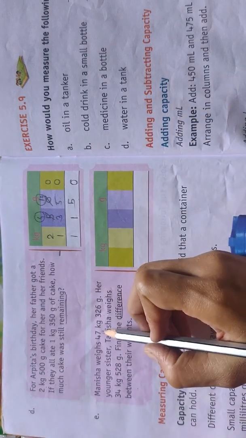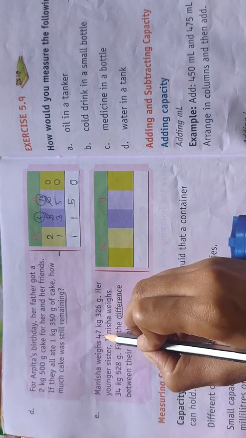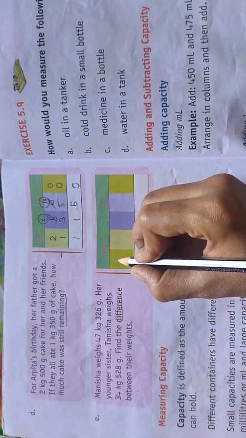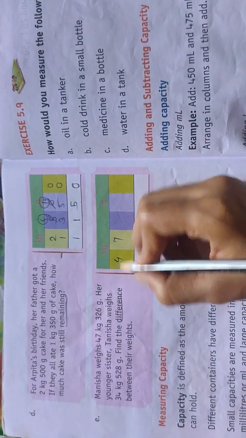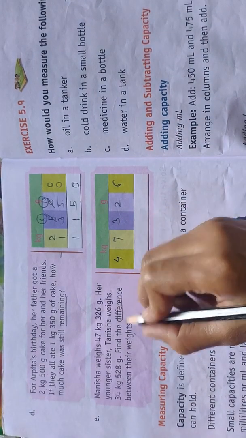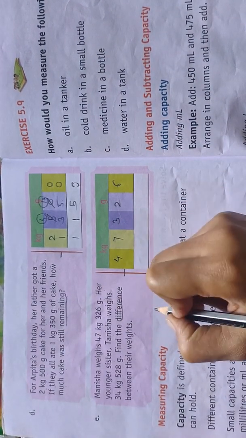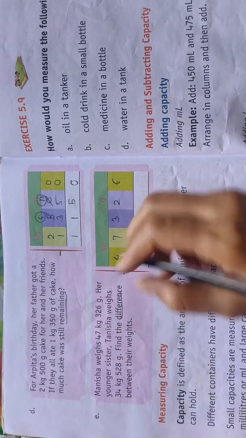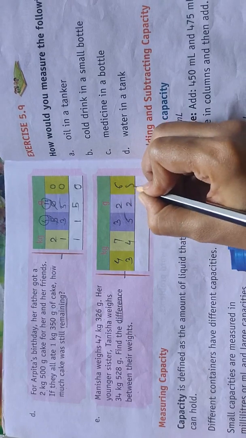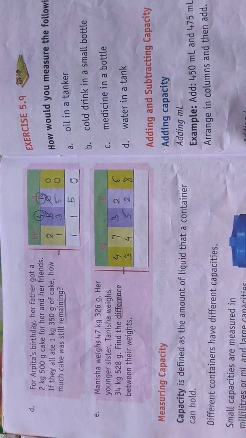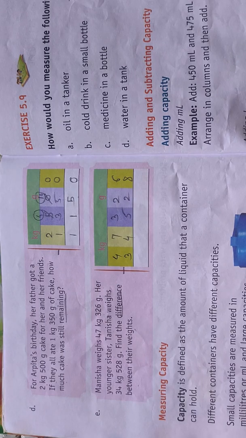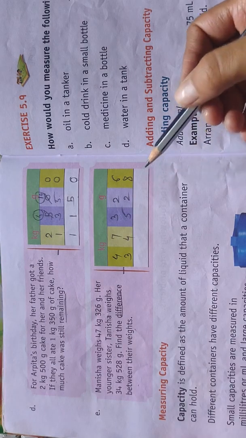So first write the values as per the column. 47 in kgs, so 47 kgs, and 326 in grams. As we have to find the difference, put the subtraction sign, minus sign, for 34 kgs 528 grams. So I hope you can subtract these values. You can find the answer of this question, right?